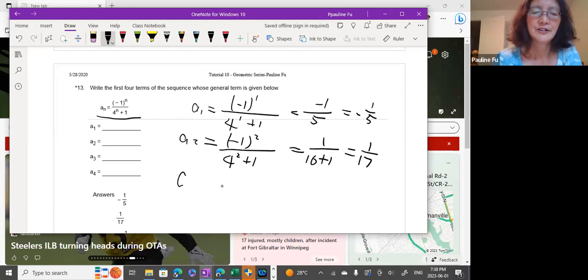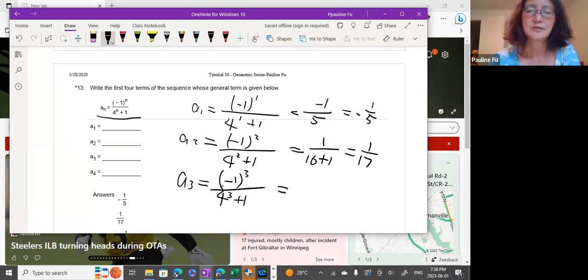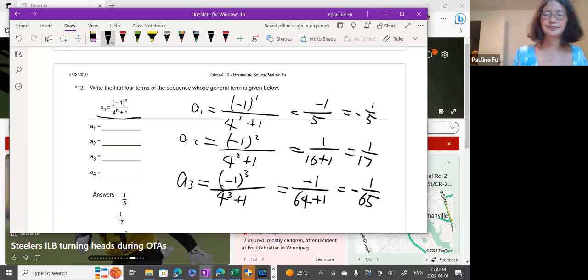And then A3 equals negative 1 raised to power 3 over 4 raised to power 3 plus 1, equal to negative 1 over 65, since 64 is 4 raised to power 3.